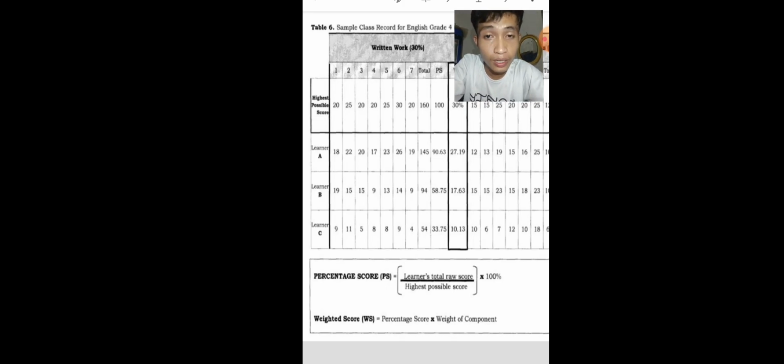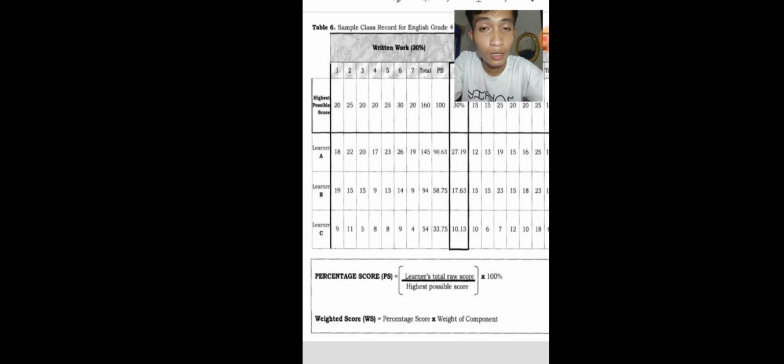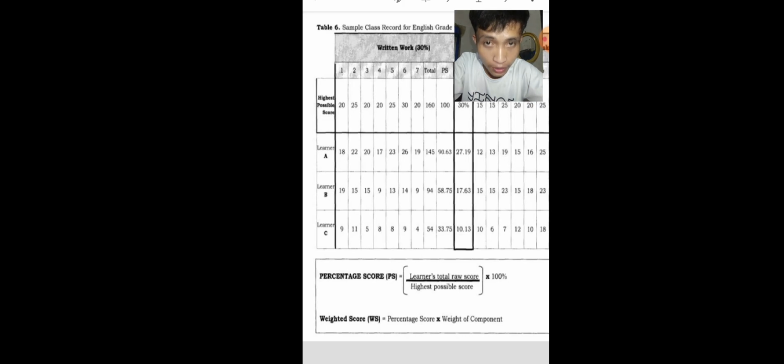Learner B got 94 points in total, then we divide it by the highest possible score, which is 160. So we had 0.5875. We multiply it by 100 and we got 58.75. Learner C got 54 points, so we need to divide it by 160.